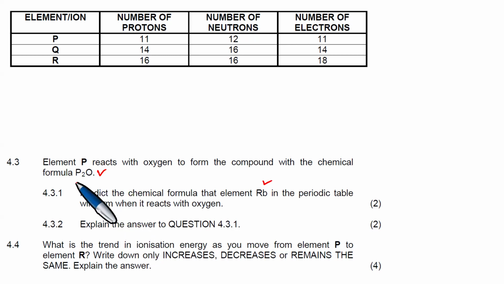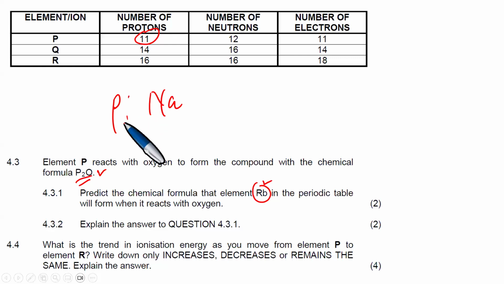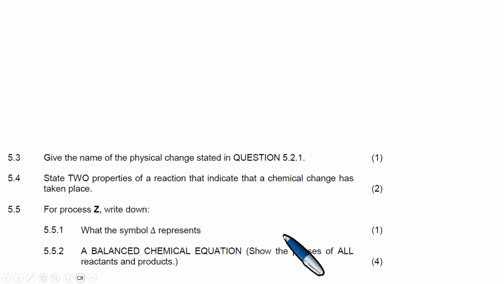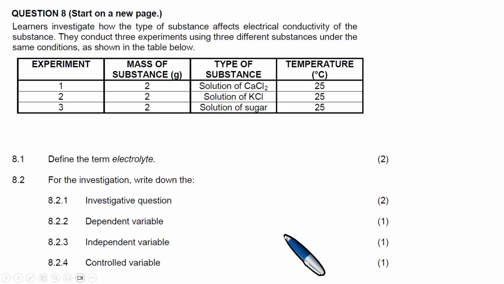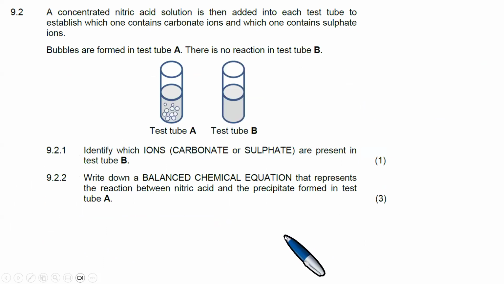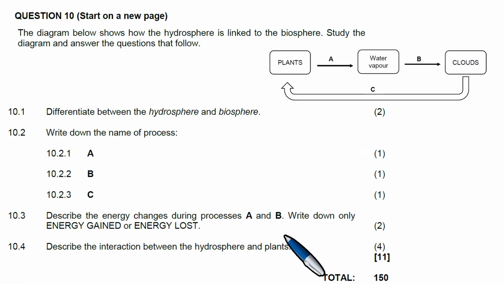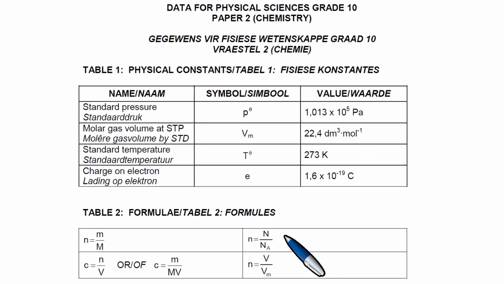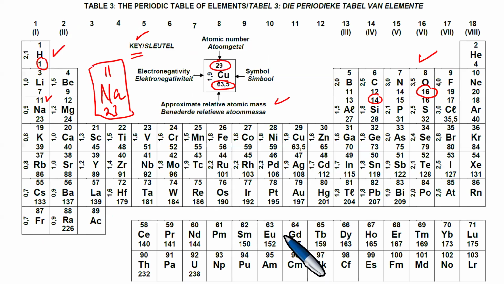Right. So let's just look at rubidium in the periodic table, but also we saw that element P is sodium. Let's look at rubidium, Rb.